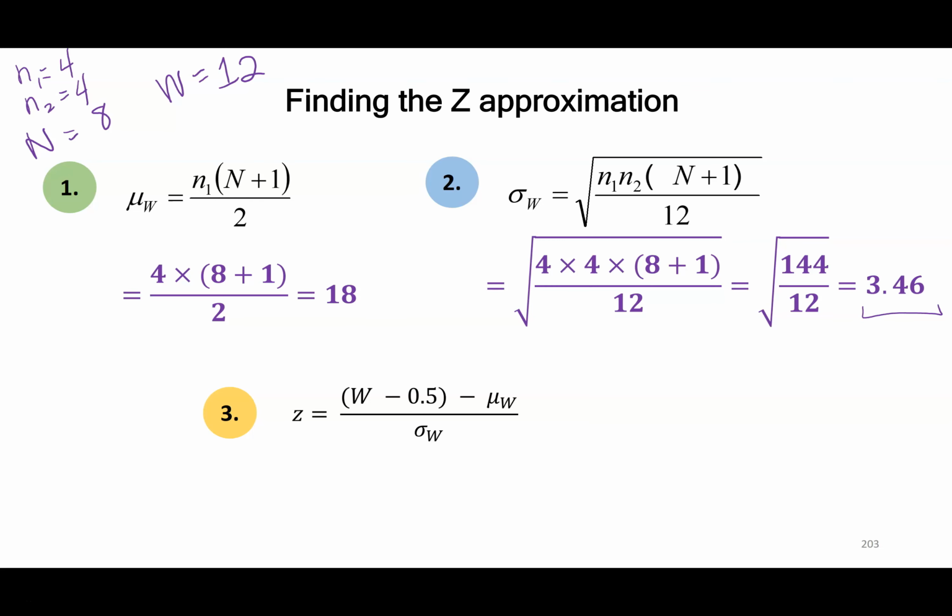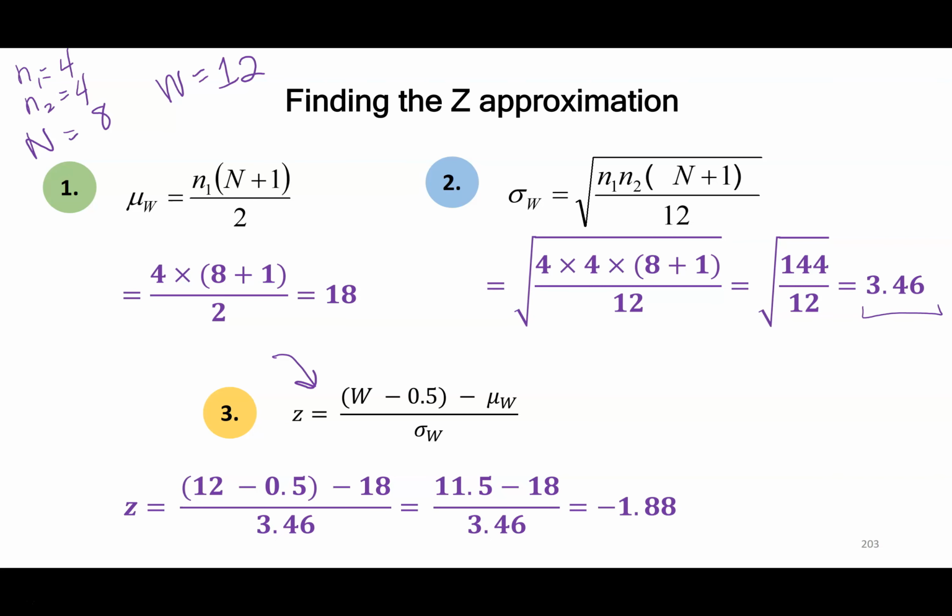So now I have everything I need to plug into step 3. 12 was the smaller of the sum of ranks, minus 0.5, minus that mu, that 18, divided by 3.46. I end up getting a z test statistic of negative 1.88.